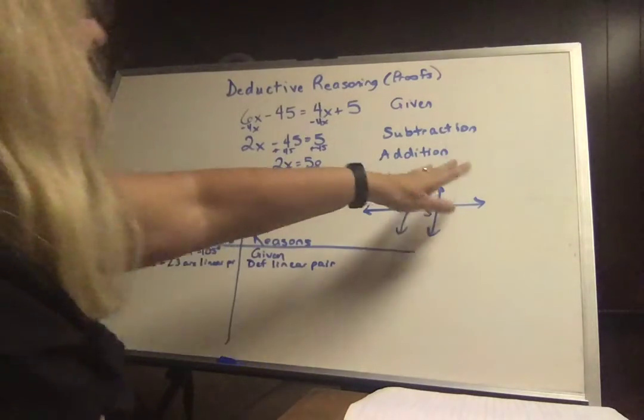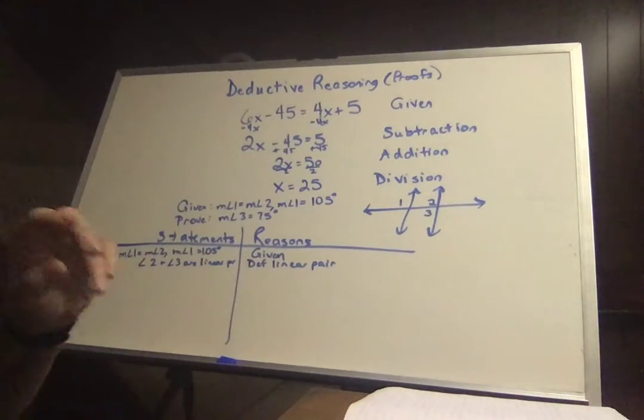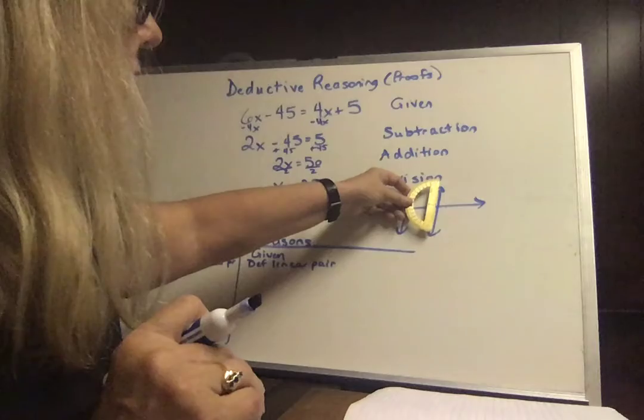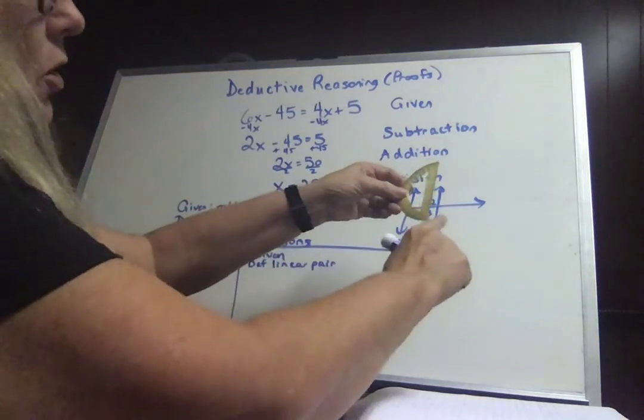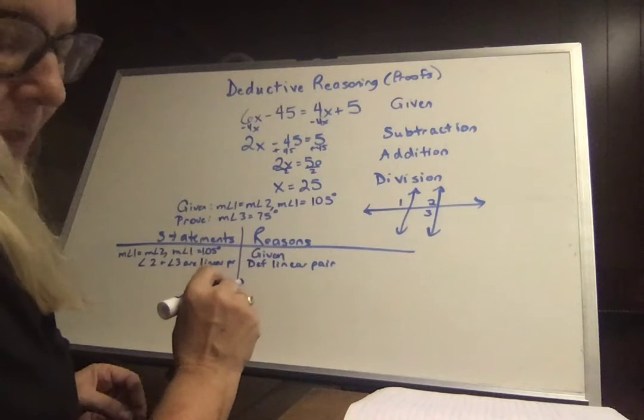Now, what do we know about a line? Its measure. If you put a protractor there, in fact, I have a protractor right here, on any line we get a whole 180 degrees, and that is called supplementary.